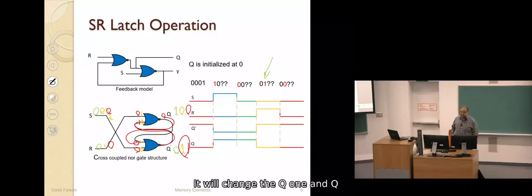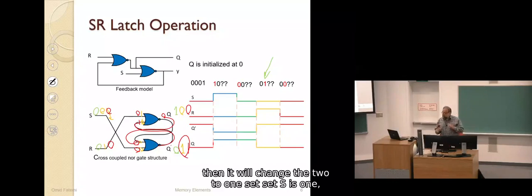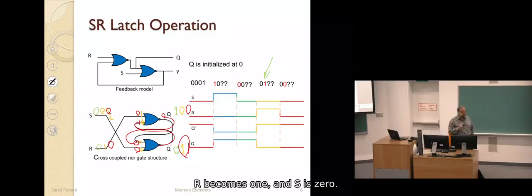It will change Q to 1 and Q prime to 0, regardless of the state. When R becomes 1 and S is 0, it means reset. So Q gets 0, Q bar gets 1.